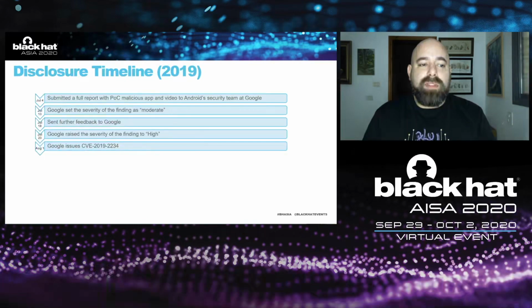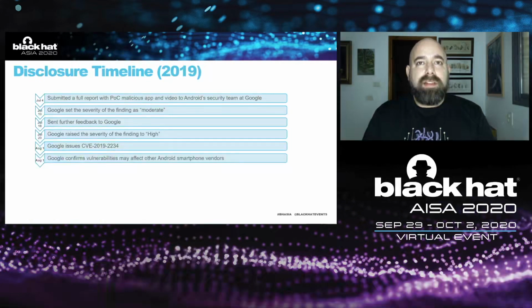Then in August, Google issued the CVE ID, and during that time, we started thinking that since a lot of other vendors were using very similar camera applications and obviously using the same Google personal assistant with these same features, they might also have the same issue. And we started experimenting.